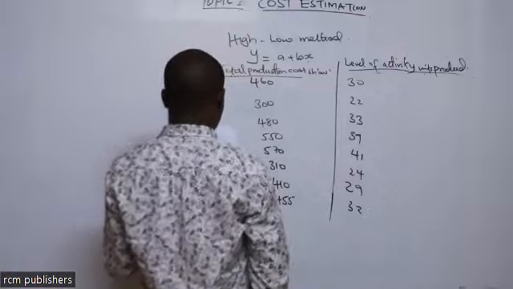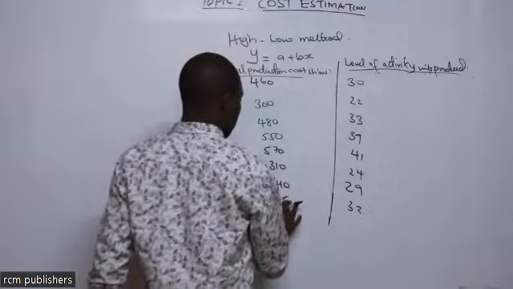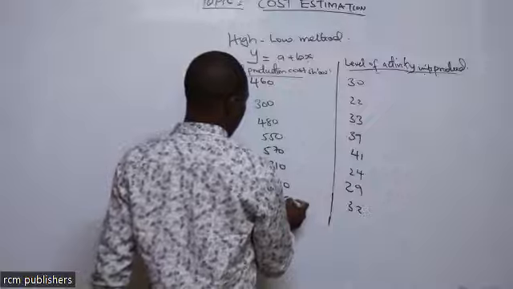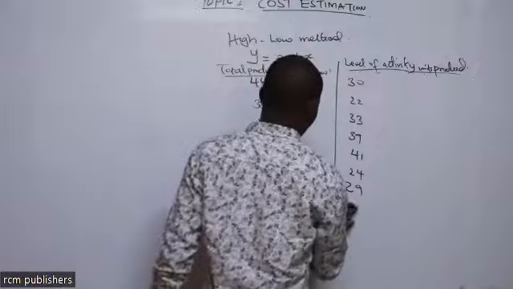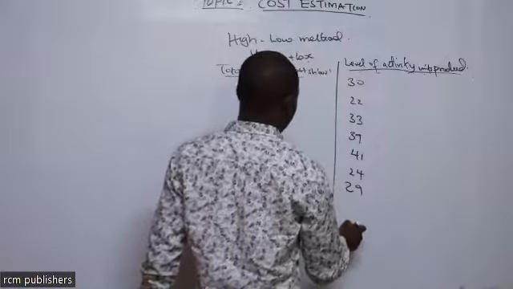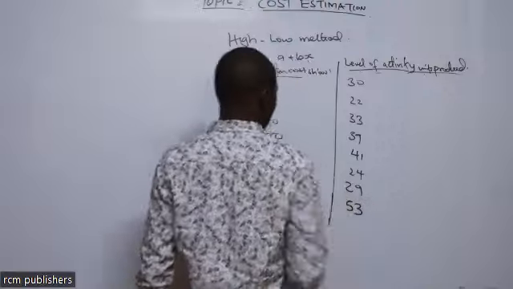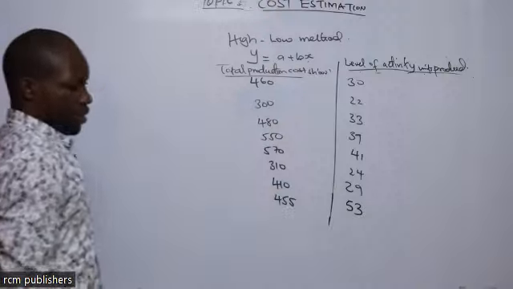Then we have, so let me just modify this to meet my interests. We have for 55 years, but it is against 53. Let's just have something of that kind.